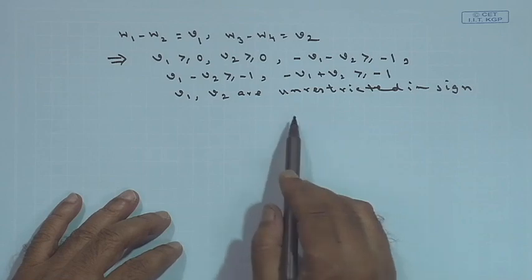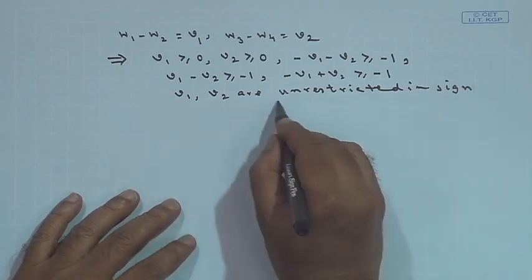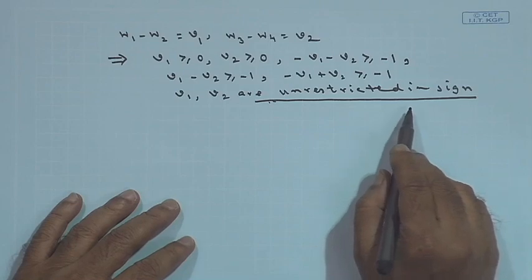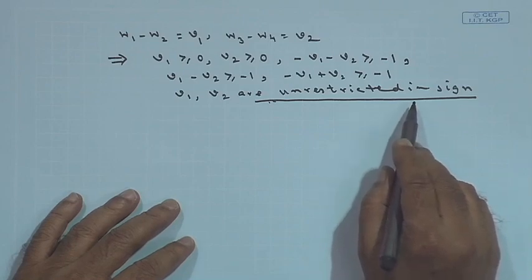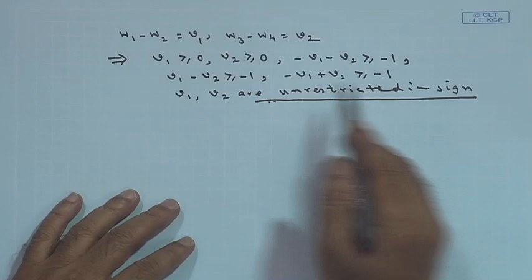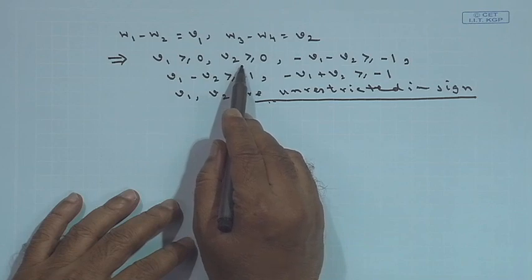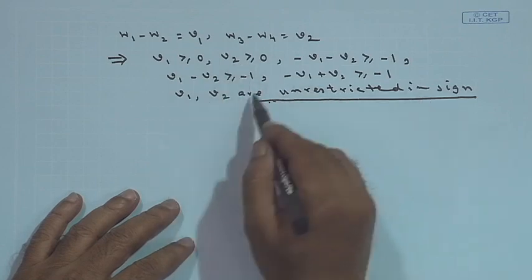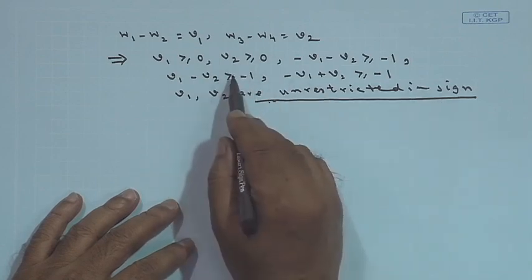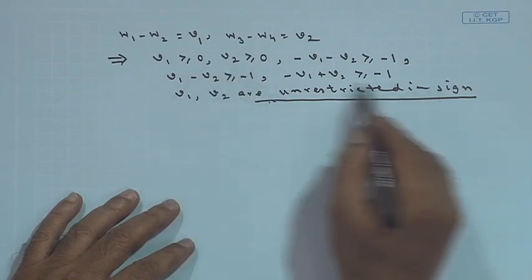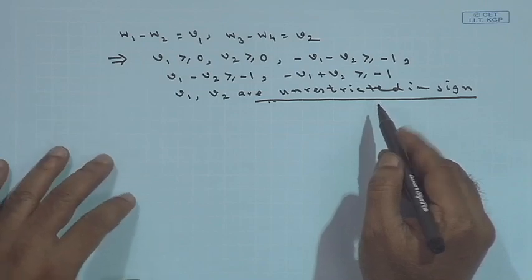But here this condition is redundant. What is the reason? V1 we have already said is greater than or equal to 0, V2 is also greater than or equal to 0. So, this will not be there for this particular problem because of these two constraints. This is redundant and we will not use it.